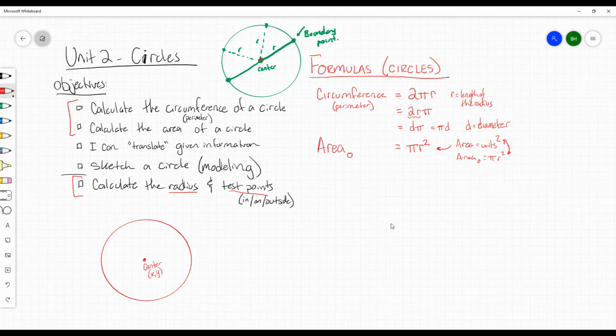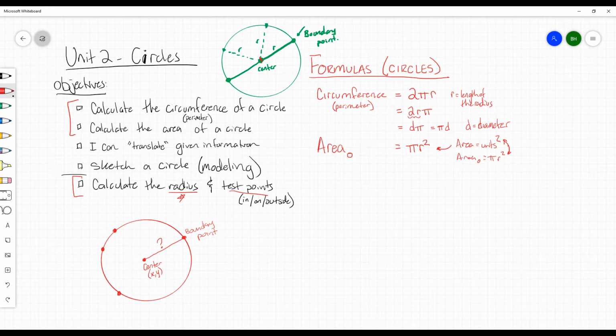And then we're going to be asked to discover what the radius length is. And we may have some sort of boundary point. We may know that it's on the boundary, but this line isn't given to us. So maybe we have a boundary point over here, or maybe it's down here, or maybe it's just right in between the two. And we don't have this length. I'm going to put a little question mark here. We don't know what the radius is. So sometimes we need to calculate the radius.